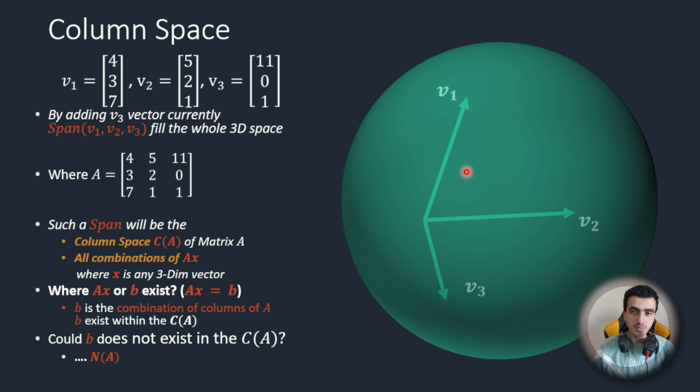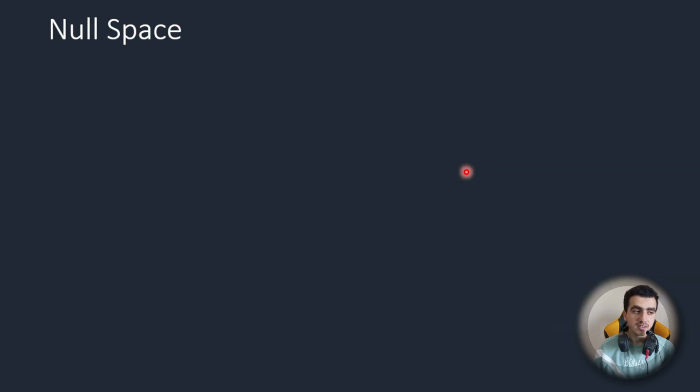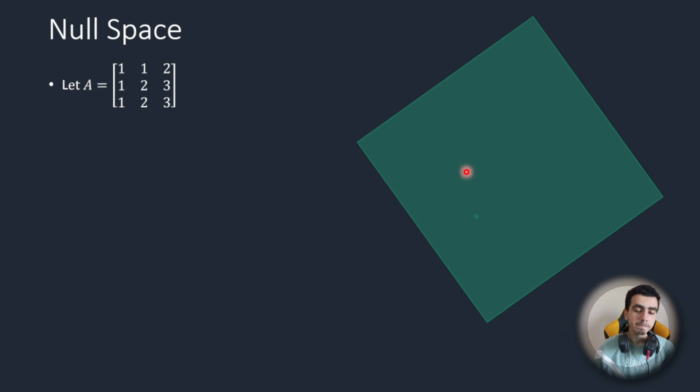We will describe where exactly it is relative to the column space, but it's different from the column space. And this null space actually exists if and only if there exists dependency in the matrix. As I've told you, if this matrix contains all linearly independent vectors, then there exists no null space. Only the column space exists.